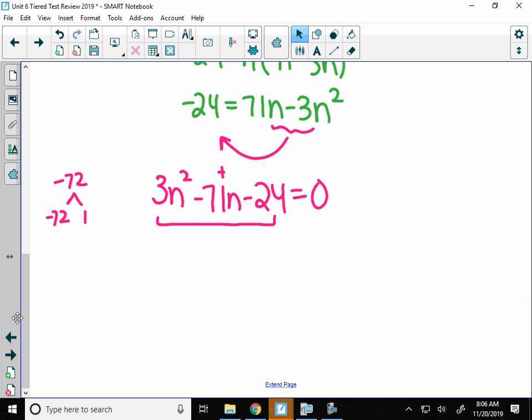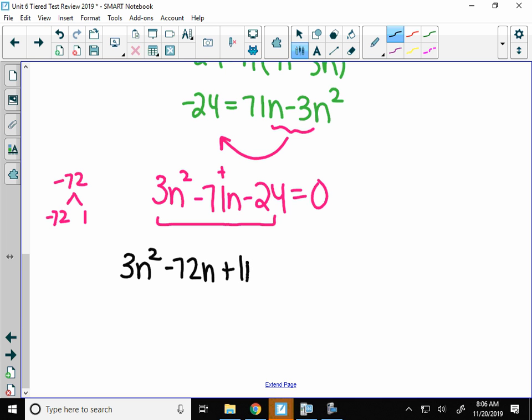So I'm going to split the middle here. The 3n squared comes down, minus 72n, plus 1n, minus 24. And I'm going to group.